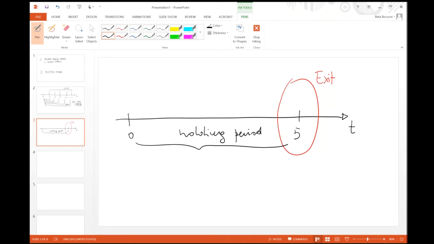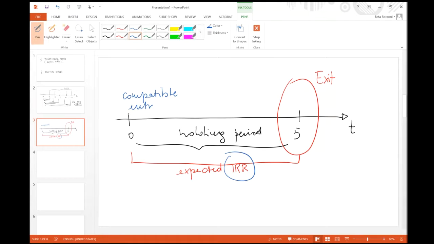And since I have declared to my investors an expected internal rate of return on this investment, what I do is to try to understand, given the expected internal rate of return and the specific holding period, which is the compatible entry value that we can pay so as to be compliant with a given exit value, a given time frame and an expected IRR.